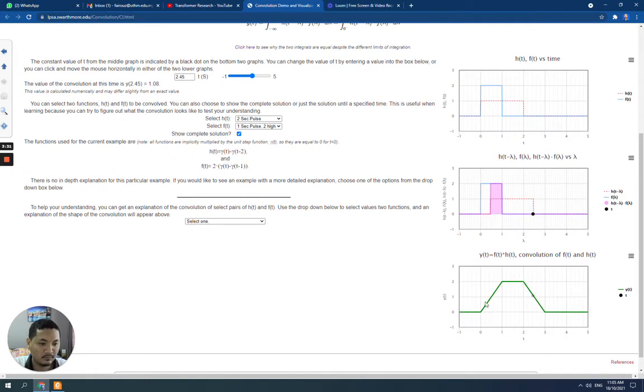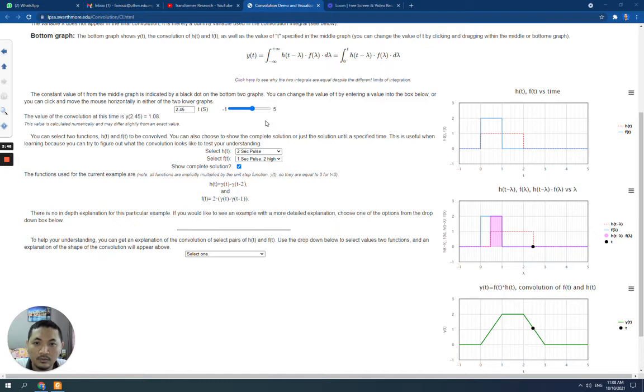This is the output. Remember, we want to get the output of the system. So here let's look at how these two functions give the output when we perform the convolution integral.